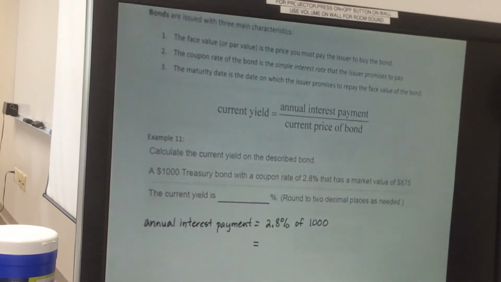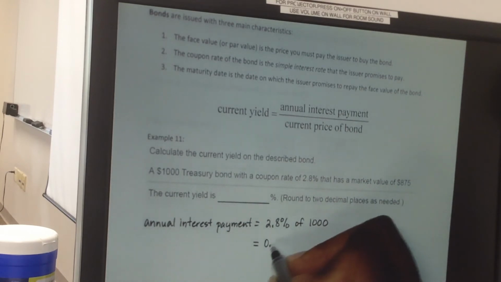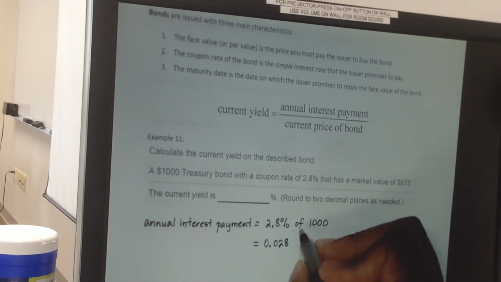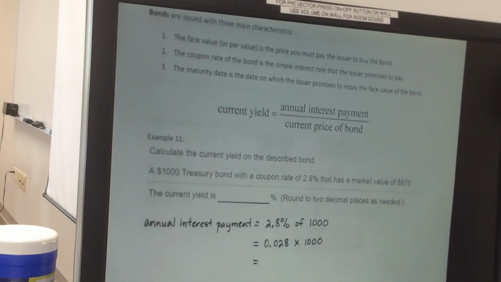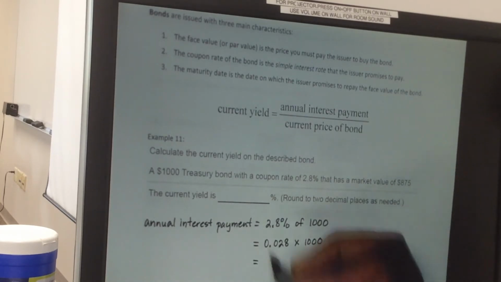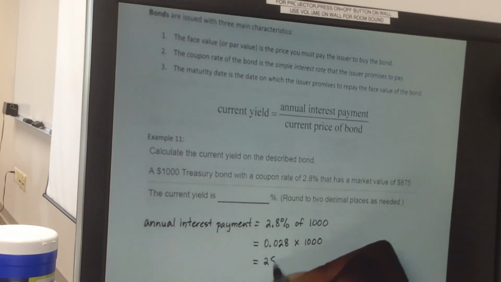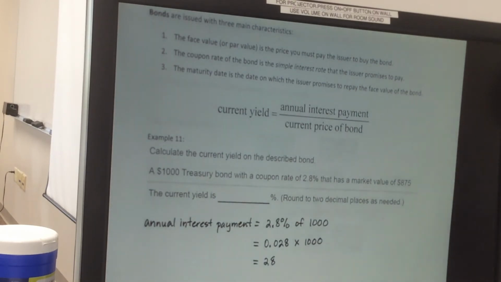Now, 2.8% as a decimal will be 0.028, and of means to multiply. So if I do 0.028 times 1,000, I'm going to get 28. That represents the annual interest payment of $28.